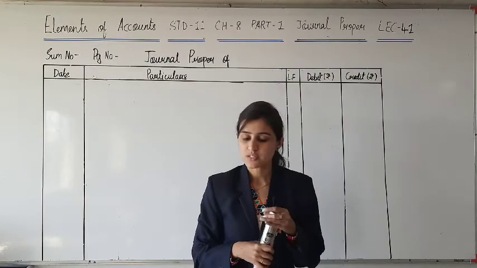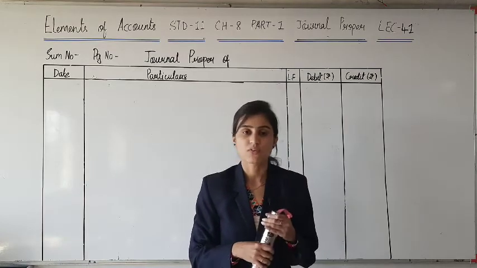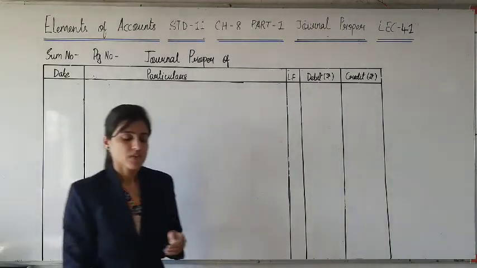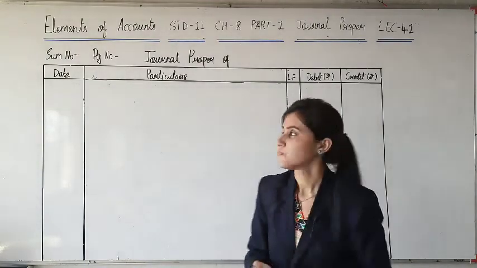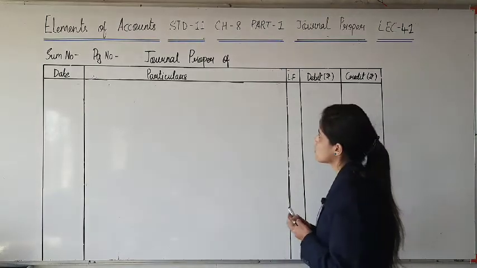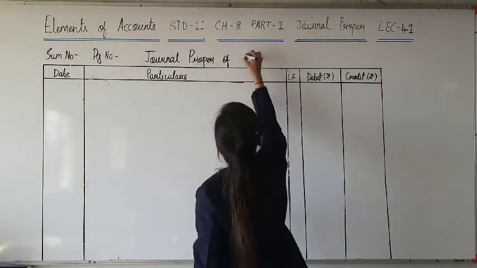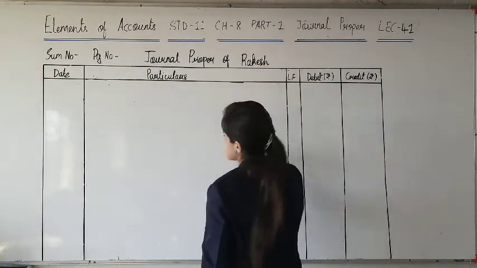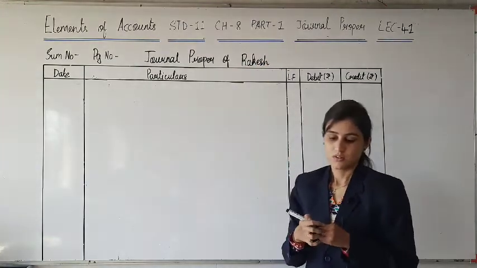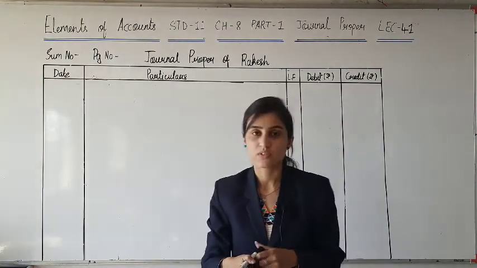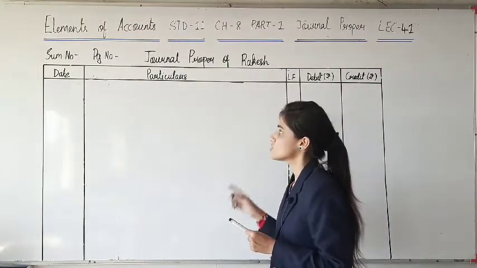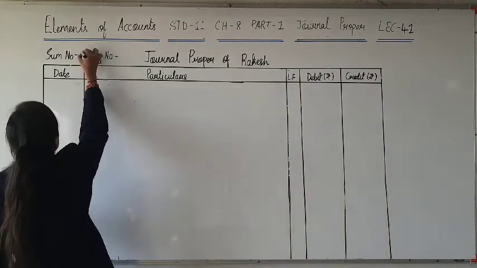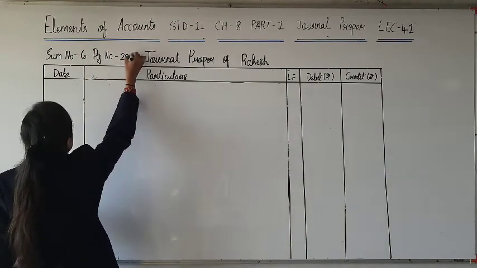Record the following transactions in journal proper of Rakesh. Yeah, so we have a specimen prepared here, journal proper of Rakesh. The heading we have given journal proper of Rakesh. Sum number 6 we are doing from exercise page number 200.